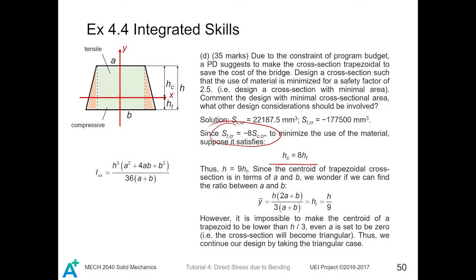Unless you change the shape of the cross-section, it is impossible to do that. So we try to adopt the lowest value of the altitude of the centroid, which is h divided by 3, for our further analysis.